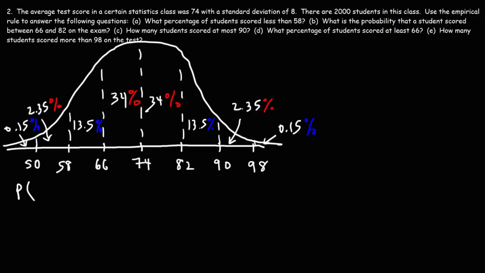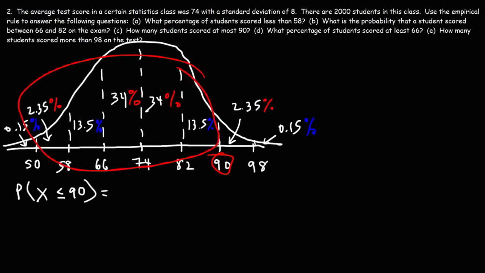So what's the probability that x is less than or equal to 90? So here's 90. We need everything up to 90. So to get the percentage, we need to add everything in this region, everything below 90.